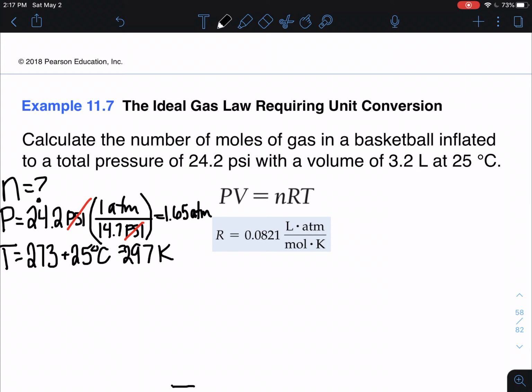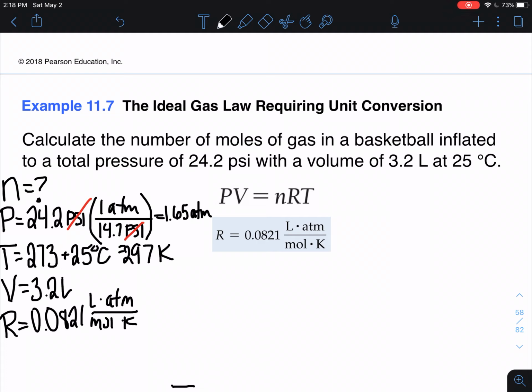Then we have a volume of 3.2 liters right here. That looks like everything. Let's also remember R is 0.0821 liter atm over mole K. Now we need to rearrange and solve for n.